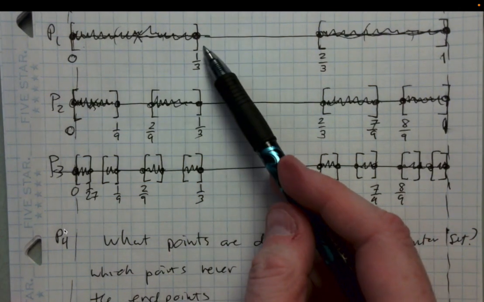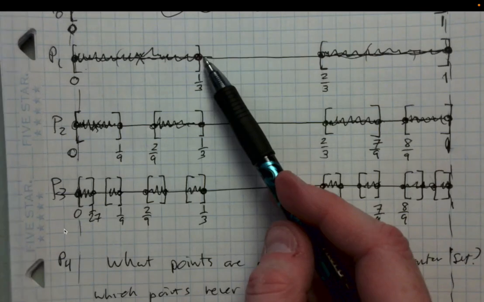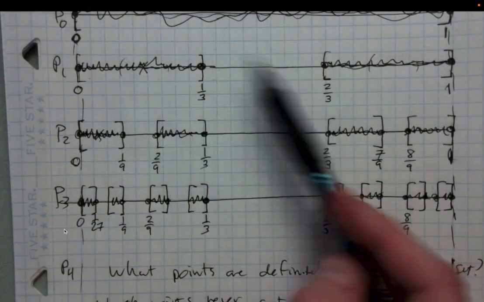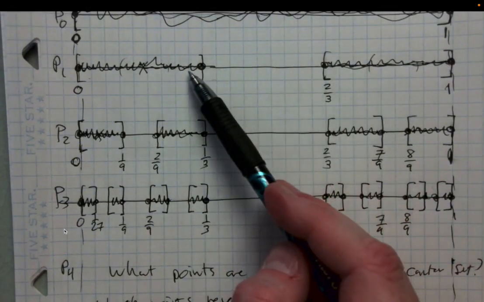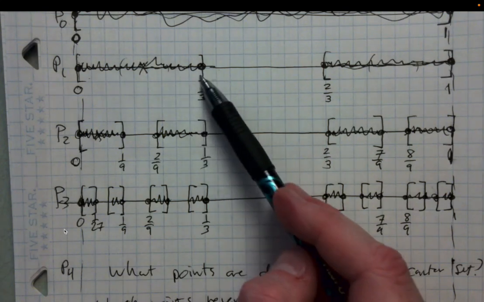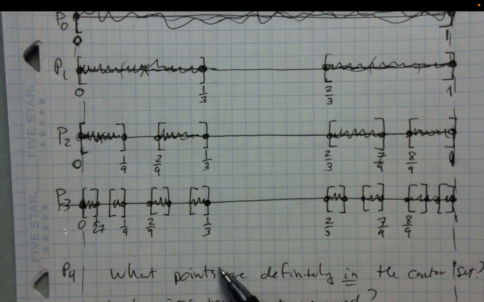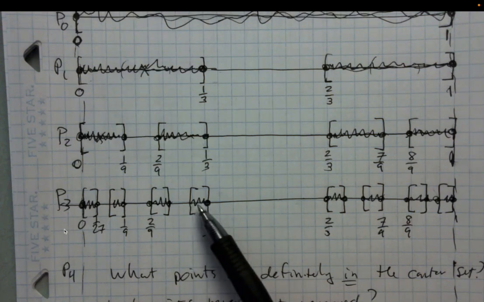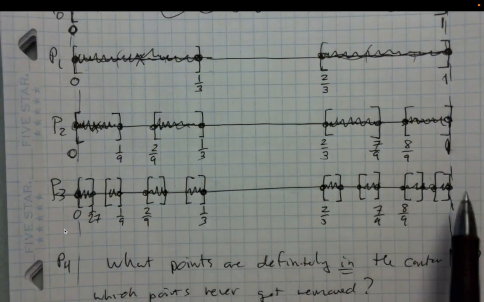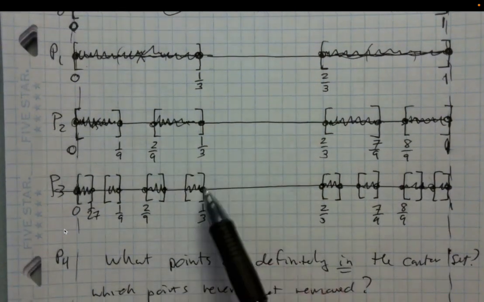For example, 1/3. It becomes an endpoint of one of the intervals in the union after the first iteration. And look, it's there in the second iteration, in the third iteration. It's never going away. We're always going to be cutting out the middle third of all of these closed intervals, right? So the endpoints stick around.